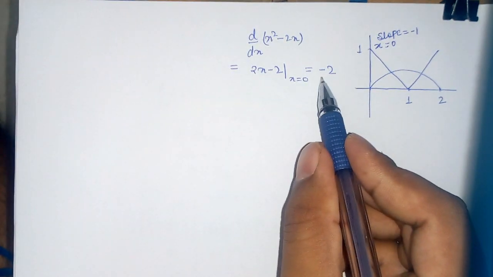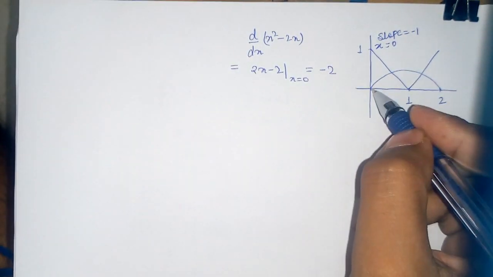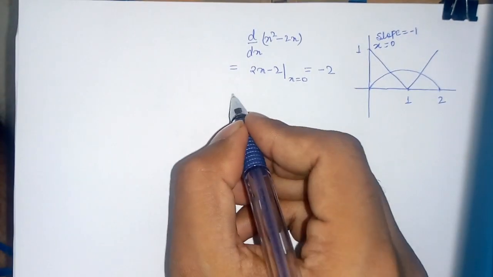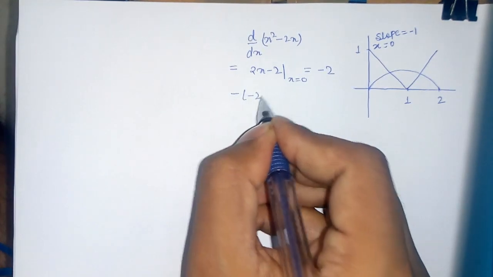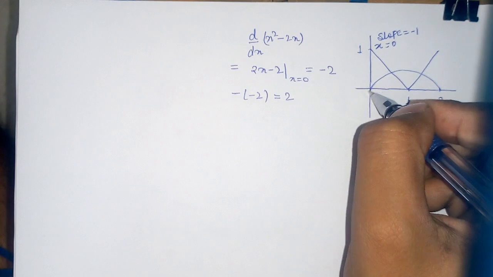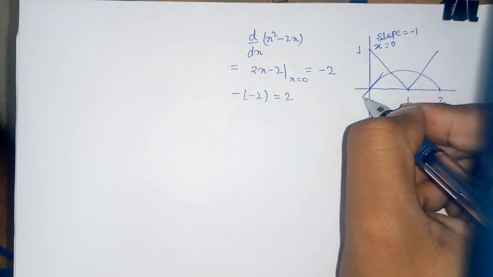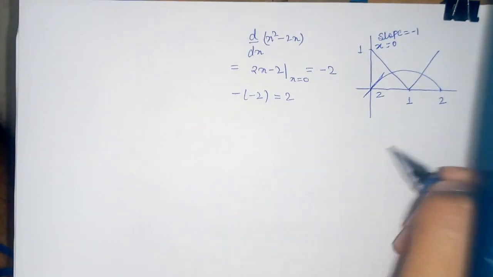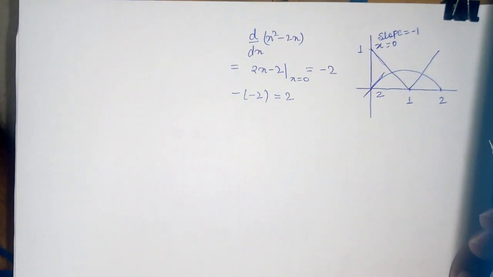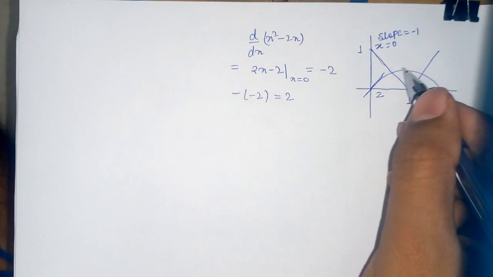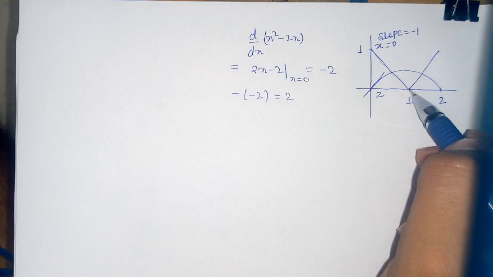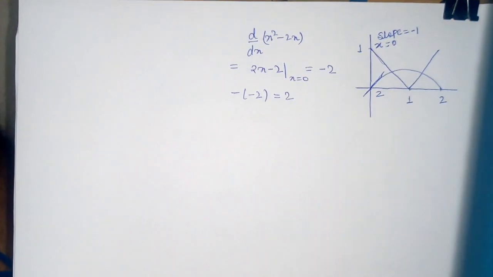Remember, this is the slope of the parabola. You have to find the slope of the modulus of the parabola. So simply flip, or take the negative of, this original slope, which is 2. So the slope of this curve is 2, and the slope of this curve is −1.